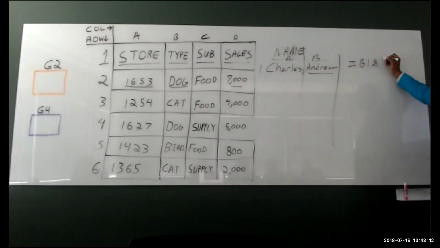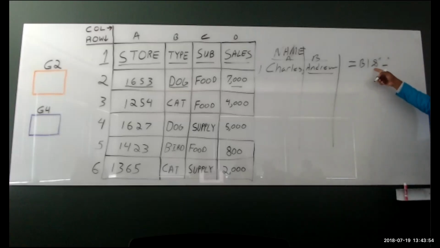And then how do I put a space in between them? To put a space in there, you do a double quotation, space, close quotation. Okay? That puts a space. It works in the ampersand way or the concatenate way. Works both ways. Ampersand, A1.